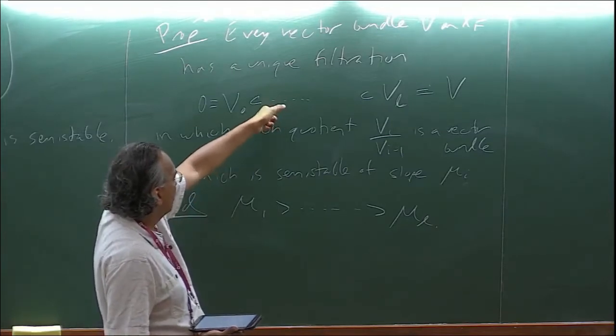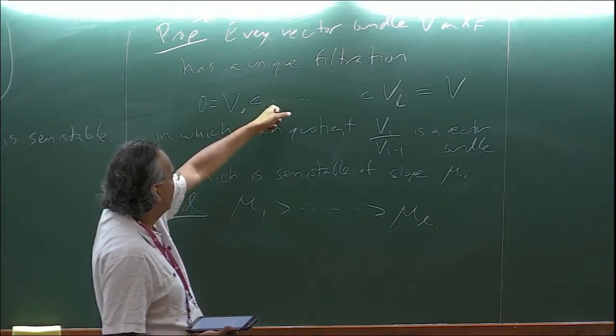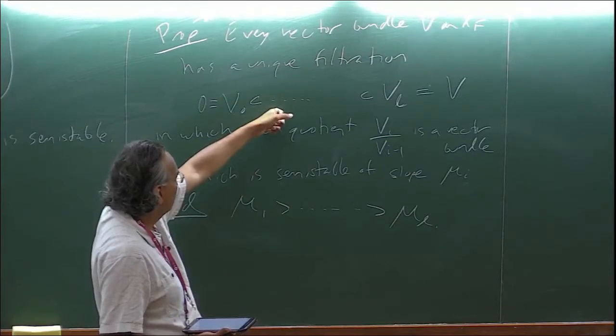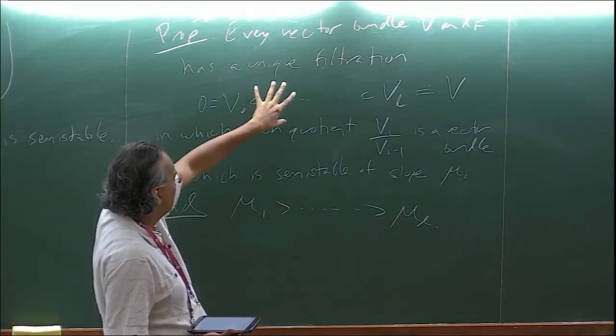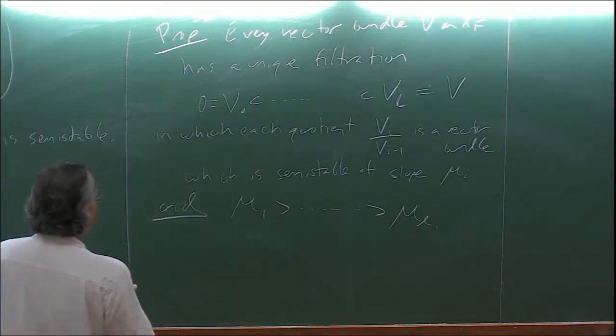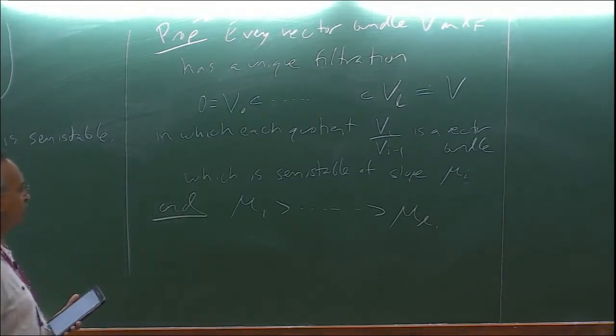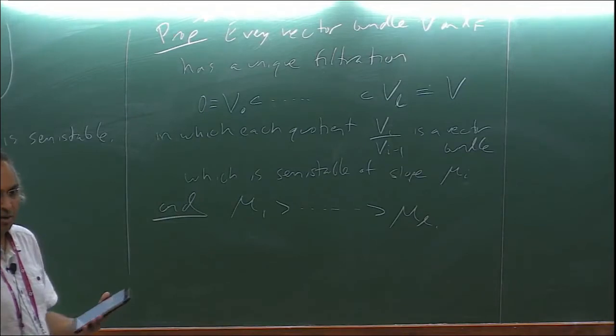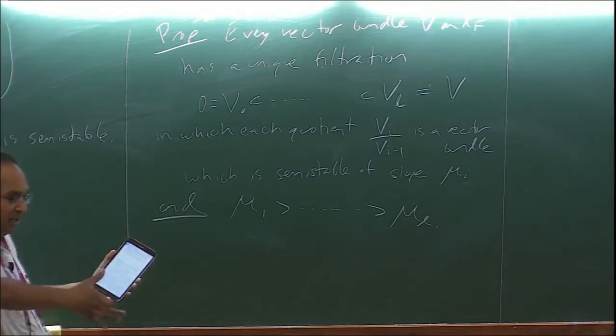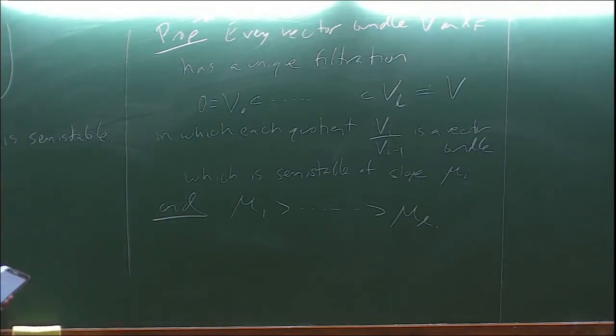The first term is called the destabilizing subbundle. V1 has the largest slope among all subbundles, and among the ones of that slope, it's the biggest one by rank. And you have to prove that such a thing exists.